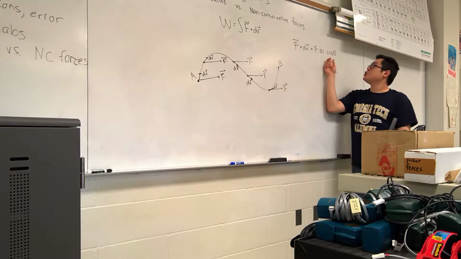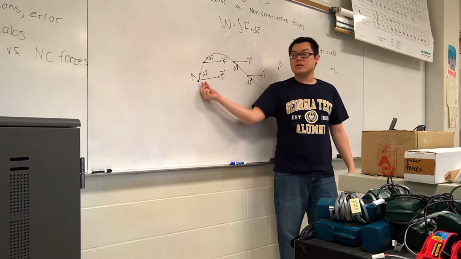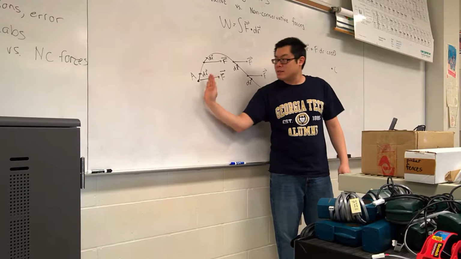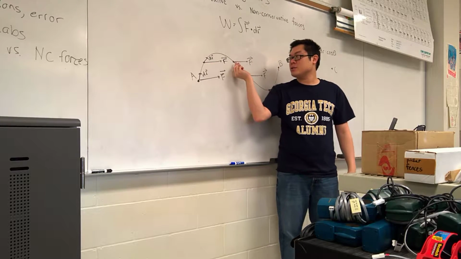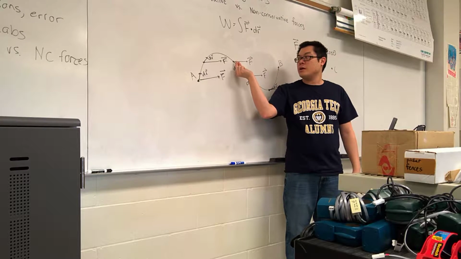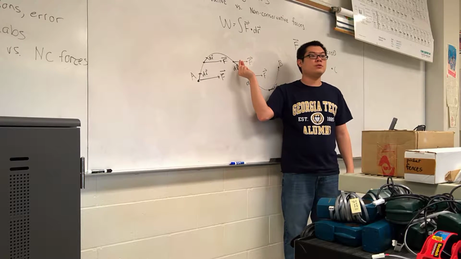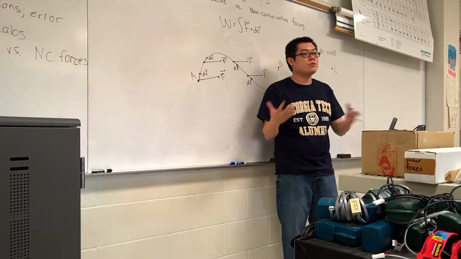I could change the angle, at least at any particular moment. At this moment, this angle is different from this angle, is different from this angle. So if I'm adding up the little contributions, how much the force contributes to the work done at this moment depends on this angle. So it depends on kind of those three things.